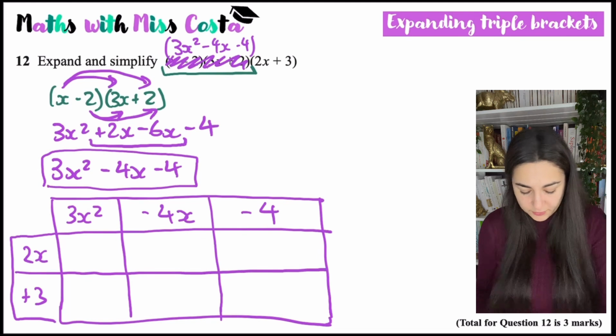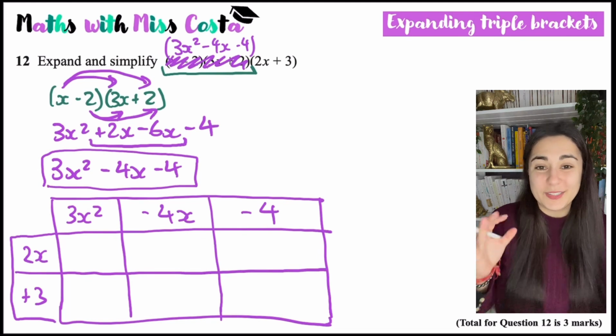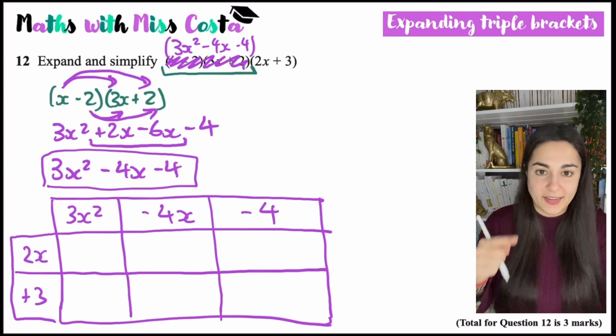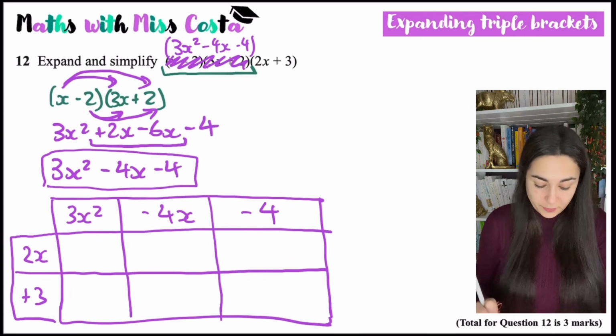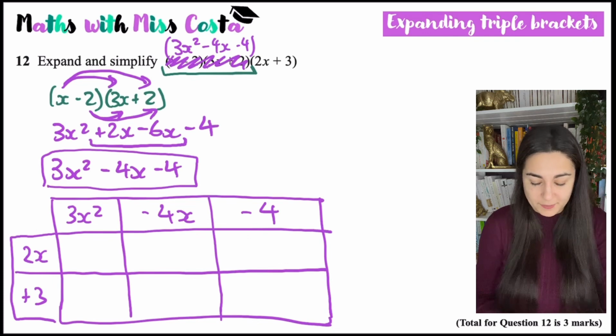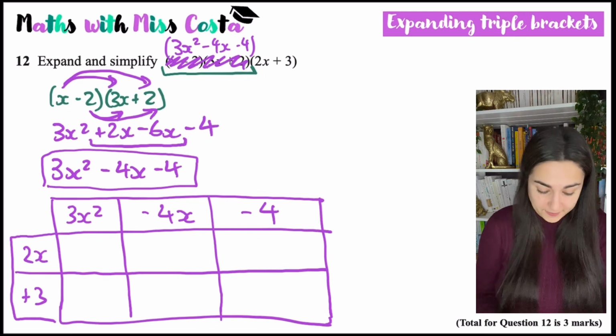Okay, so you've got your little grid, and the reason the grid is really good is because it ensures you don't miss any terms out. When we're dealing with triple brackets, you've got a lot of terms to play with. Yes, a lot of people can just do it by multiplying out the bracket, but this just ensures that you don't miss any of the terms out, and it's just a safe, foolproof method of doing it.